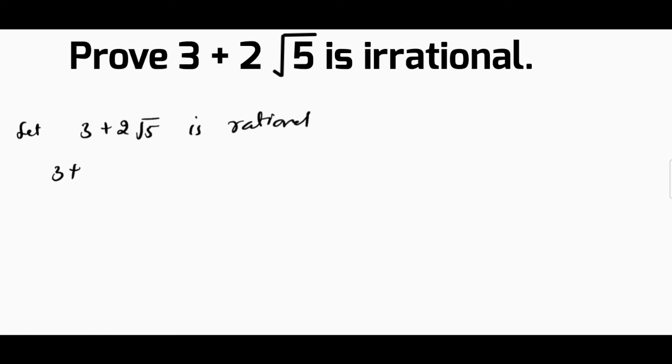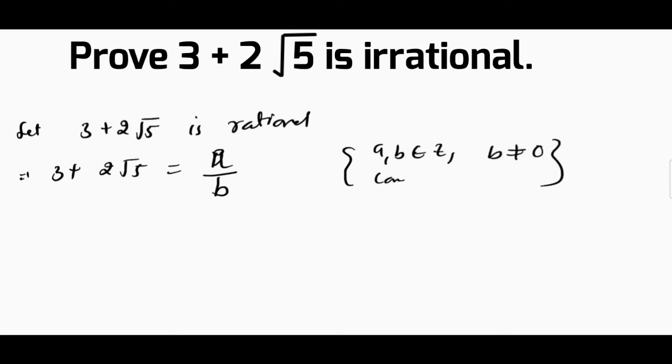So it means we can write this number in P upon Q or A divided by B form, where A and B belong to integers and B is not equal to 0, and the common factor between A and B is 1, correct?